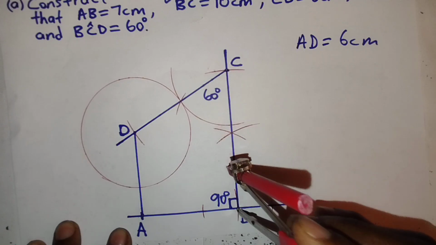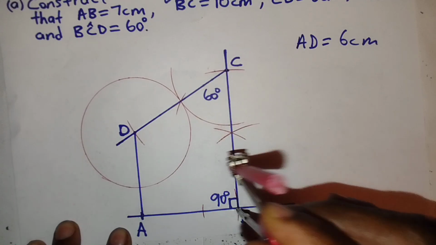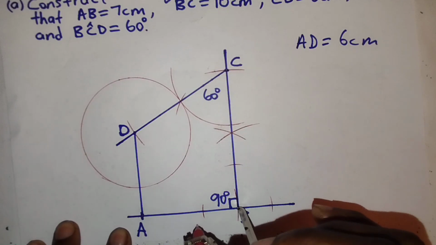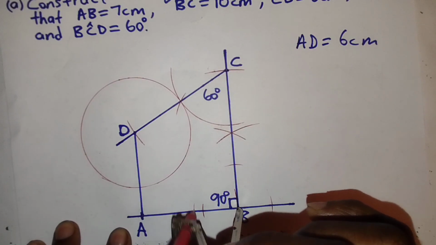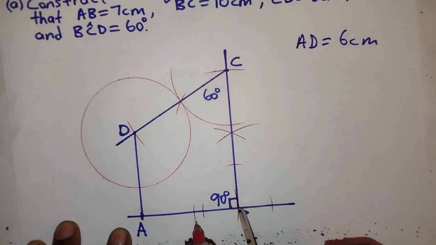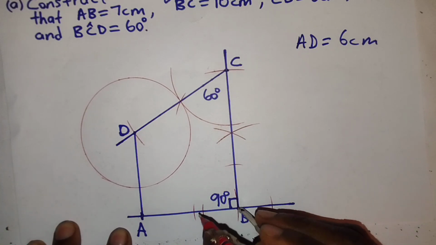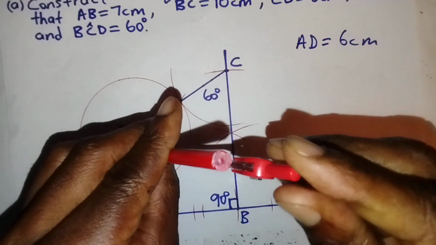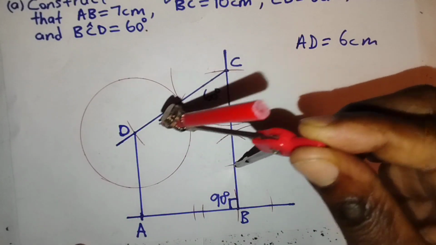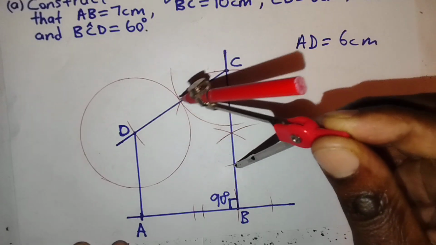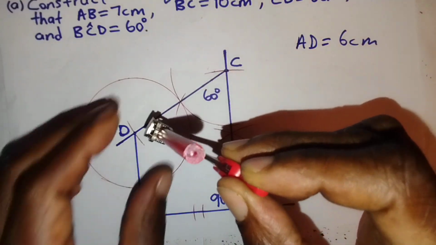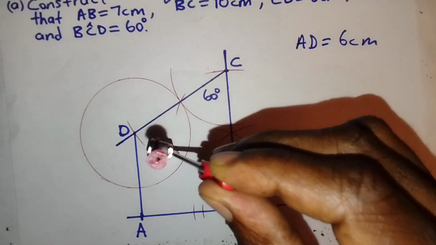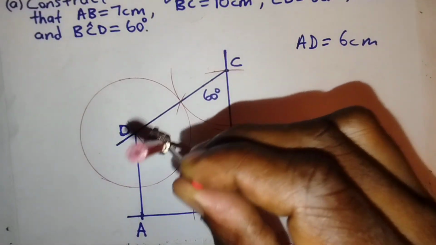I'll bisect the angle ABC. So with B as my center, I'll draw an arc along BC and another one along AB like this. And then with my new centers, in this case where the arc meets the line BC, and a suitable radius, I'll construct an arc here.